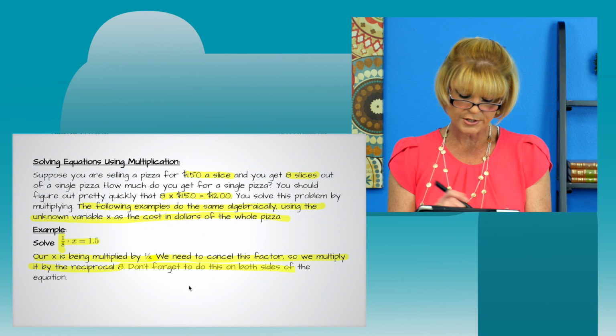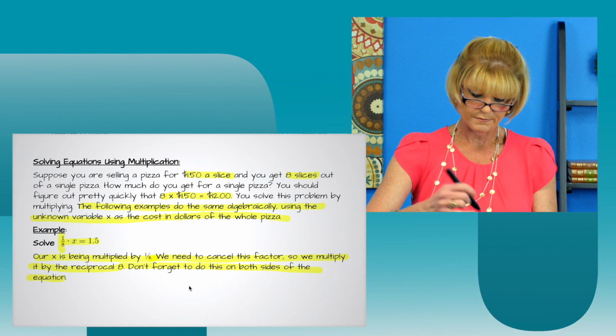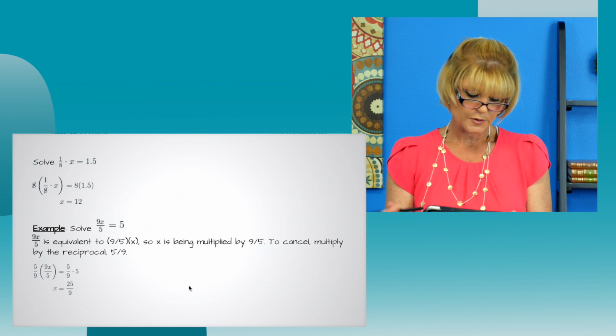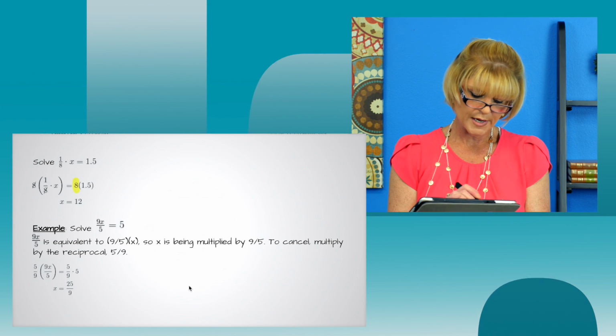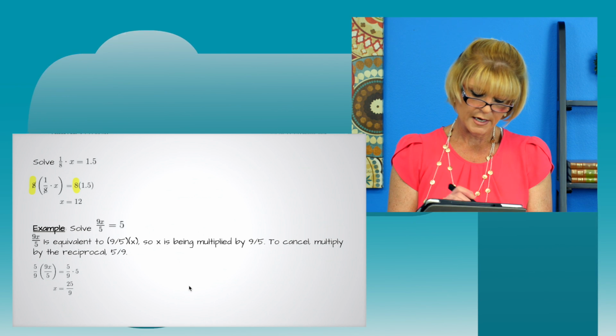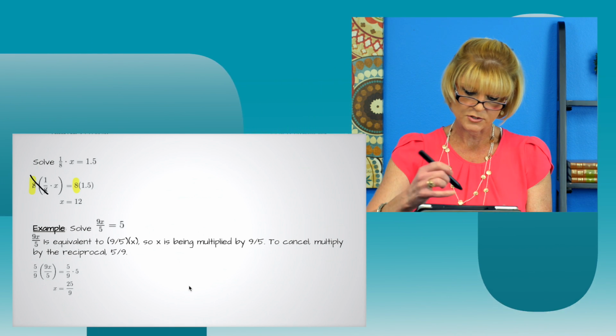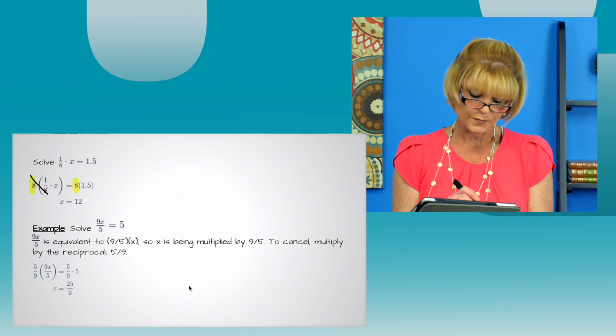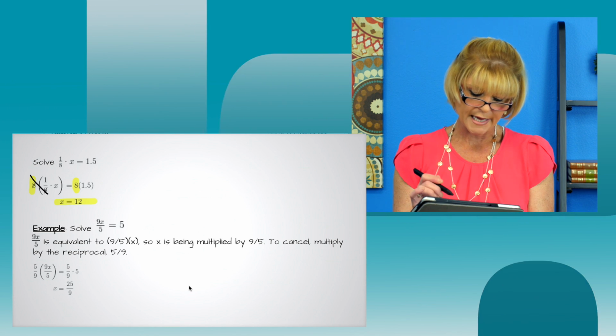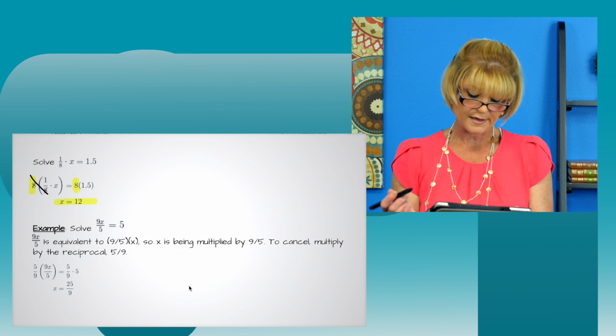Again, don't forget to do this to both sides of the equation. So see here, all we've done is multiplied both sides by 8. Okay, and these 8's cancel out. So what we're looking at, once our variable's isolated, is x equals 12, because 8 times 1.5 is 12.